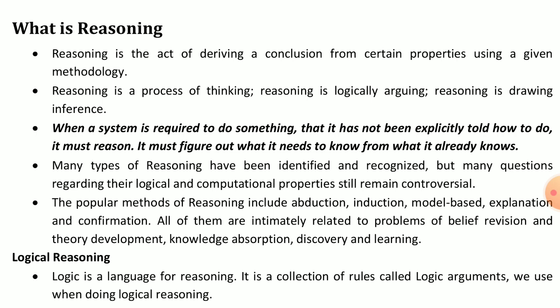Okay, here some basic or popular methods of reasoning are given. We are not familiar with all methods, okay, but here we consider only the names of the methods. Then all of them are intimately related to problems of belief revision.